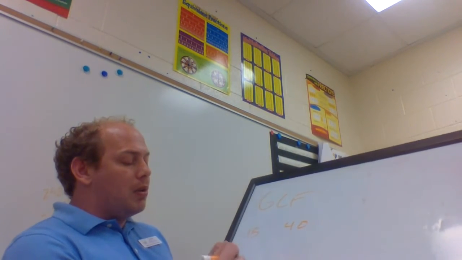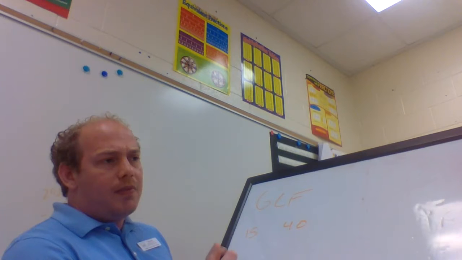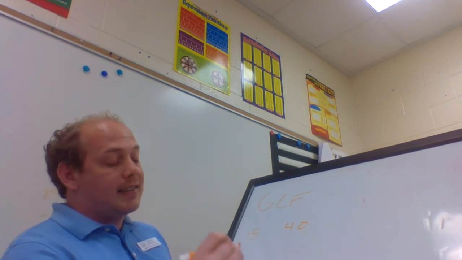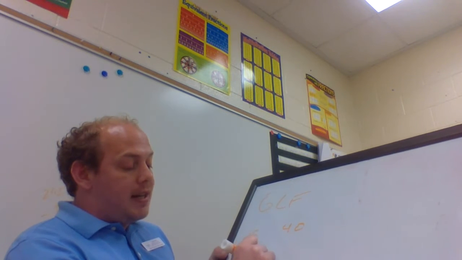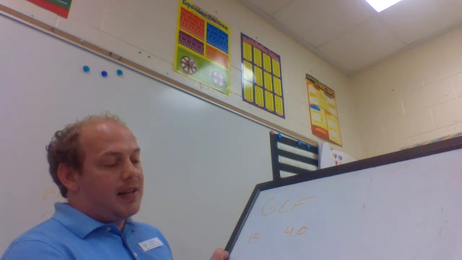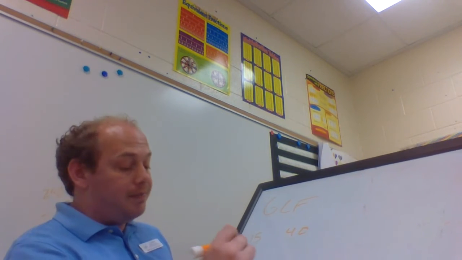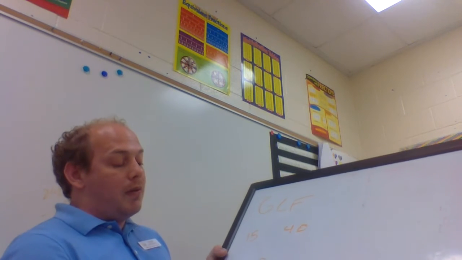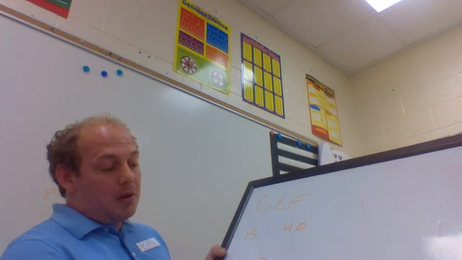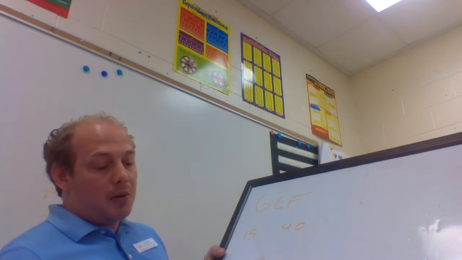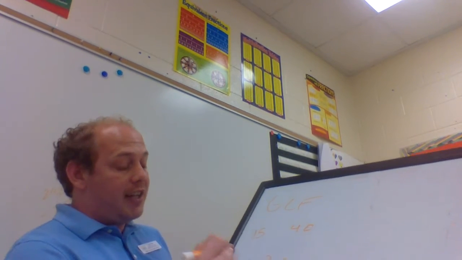So will 2 go into 15? No. Will 3 go into 15? Yes. And 3 times what is 15? 3 times 5. Alright. Will 4? No. Will 6? No. 7, 8, 9? No. So we're done with 15.